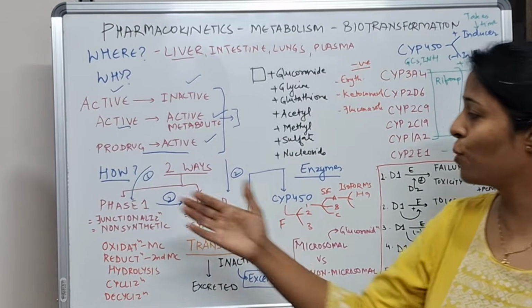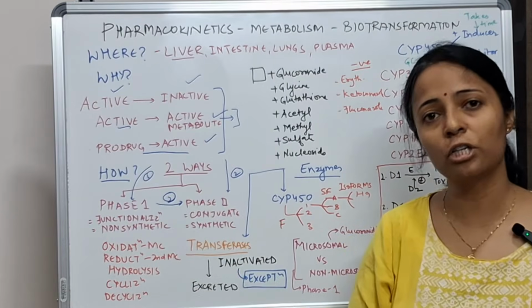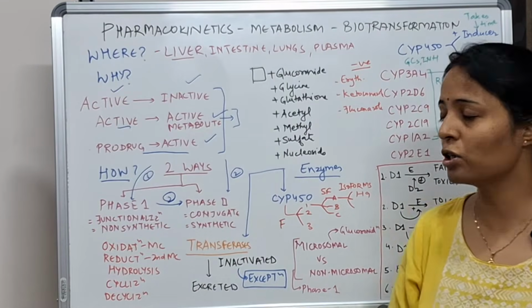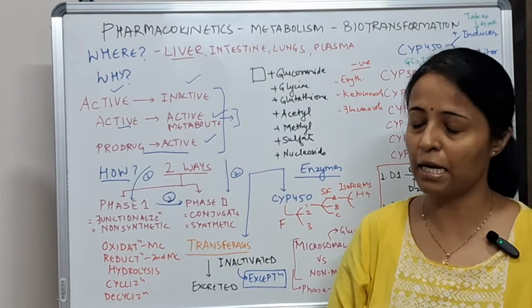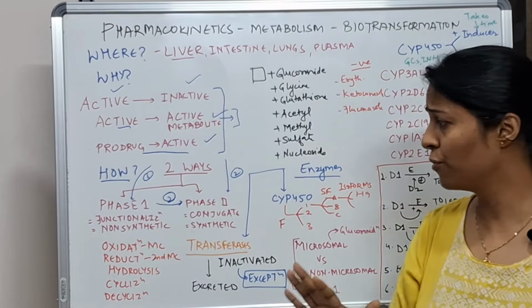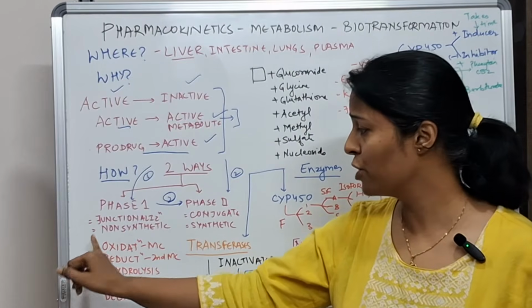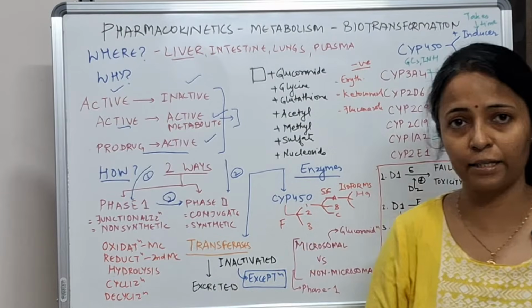So what are these phase 1 and phase 2 reactions? Phase 1 reaction is also known as functionalization or non-synthetic reaction, and phase 2 reactions are also known as conjugate or synthetic reactions. Now in phase 1, we have 5 different types of reactions, that is oxidation, reduction, hydrolysis, cyclization and decyclization.